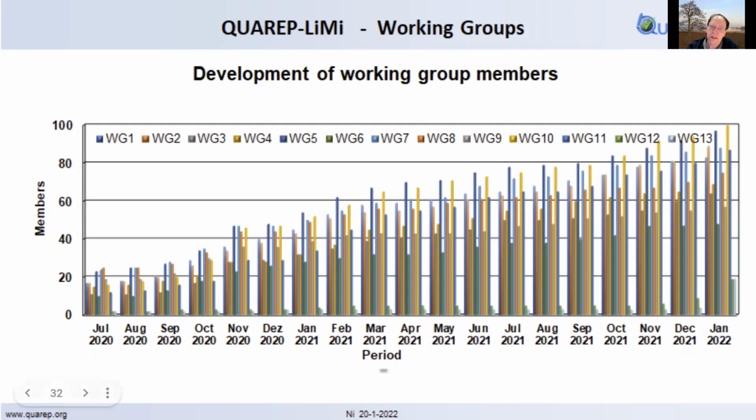This does not mean that at each meeting you have this number of persons actively working, but you have around 20 to 30 people who are really actively working and acquiring data, because for working groups 1 to 6 we have to record data. So this is, I would say, even more demanding for the members than some of the other working groups. Next slide, please.